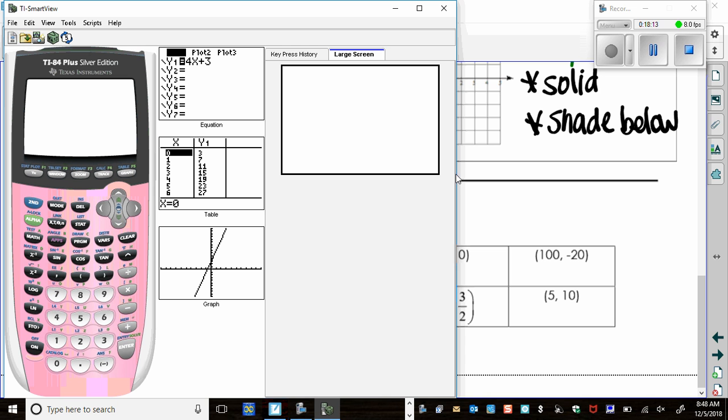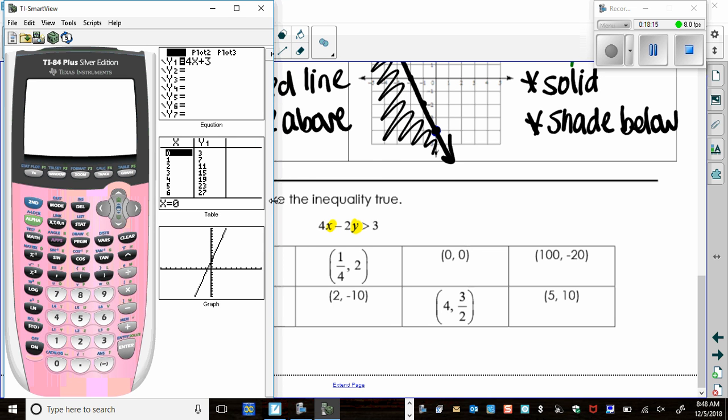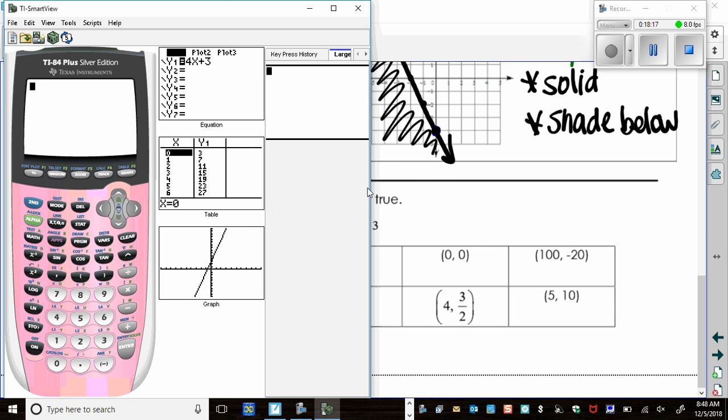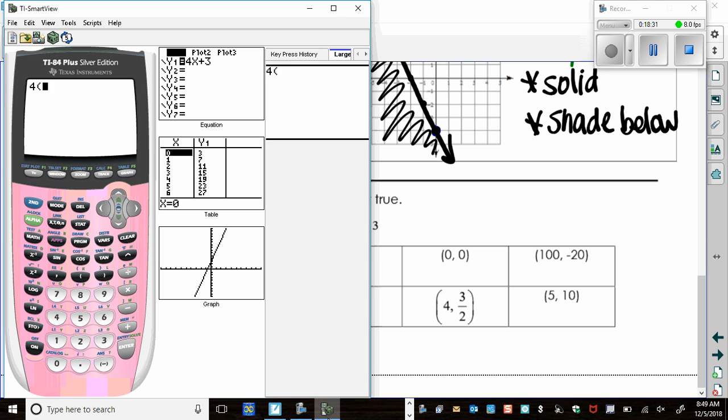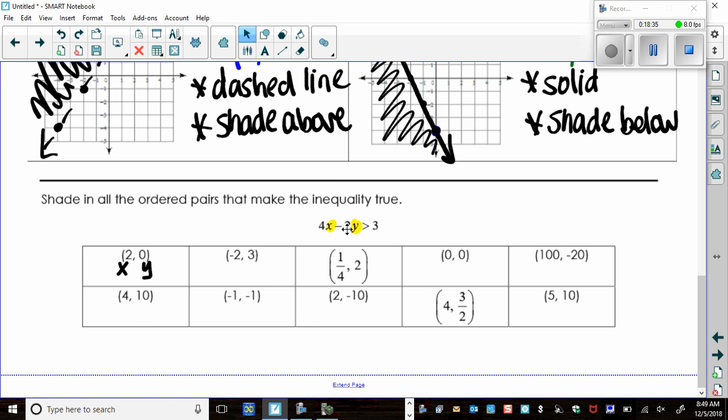So the original equation, let me just move this over so you can see. Okay. I'm going to plug in, the first part is 4. So 4 times x. So I'm going to have my 4, include my parentheses, and substitute this 2 in for x. Okay. Then I'm going to minus 2 and whatever y is, which is 0.